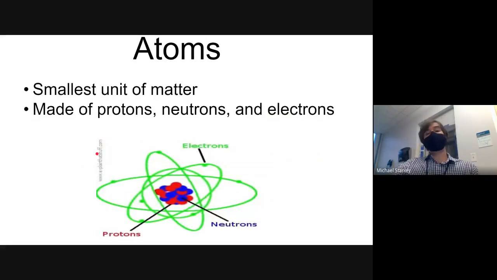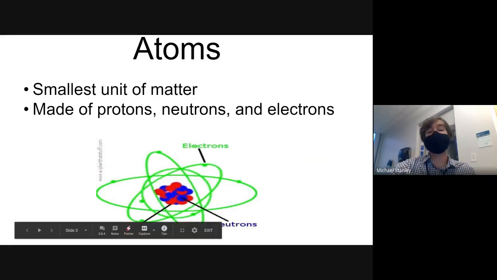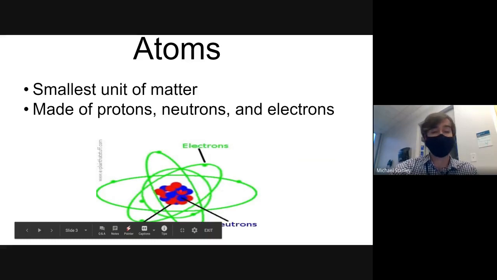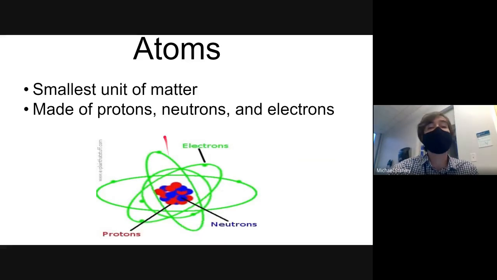So here is a typical atom. Obviously, it's a cartoon drawing of an atom structure. There aren't cameras small enough to take pictures of actual atoms, even under super powerful microscopes. But it is the smallest unit of matter, and it's split into two sections.